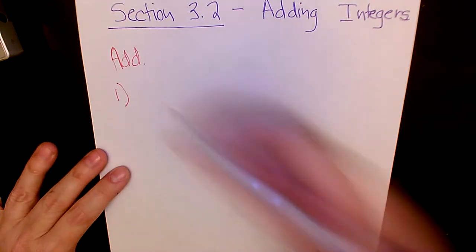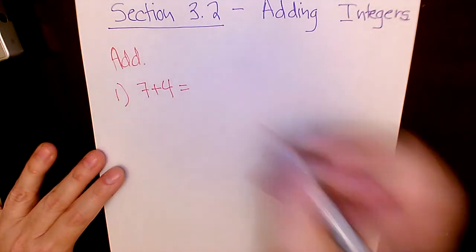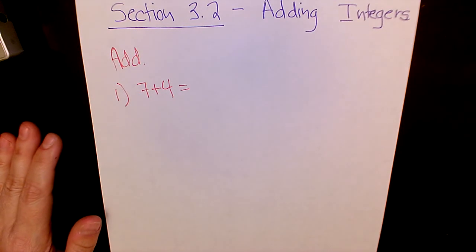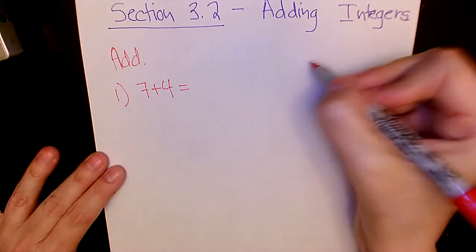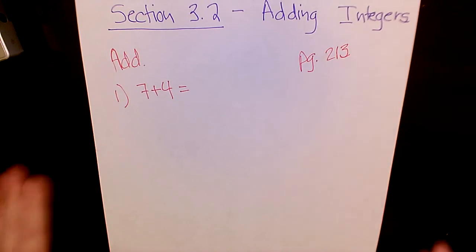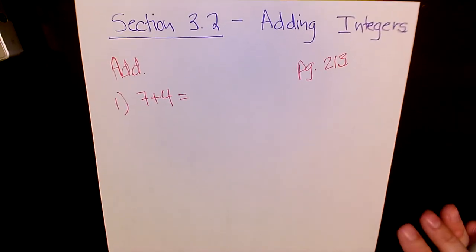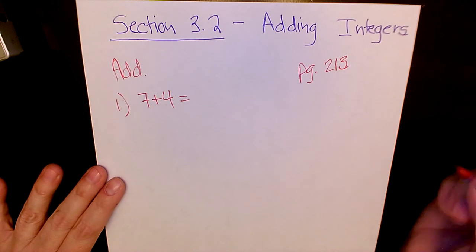Let's say I want to add a positive and a positive. I'm getting these from page 213 in the first edition book. This is just a regular add.